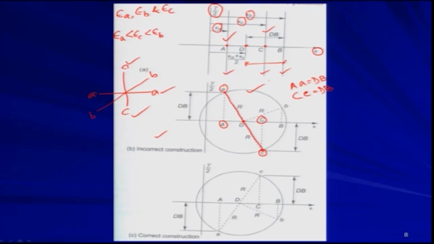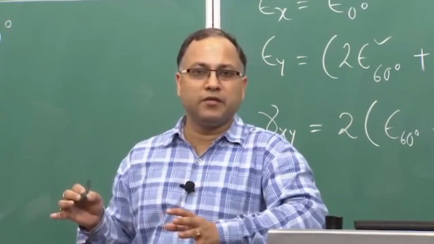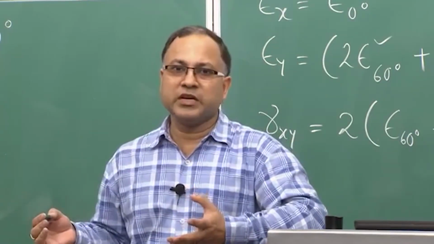Now, this Mohr circle is cutting the vertical line drawn at point B at small b point. Now, these points A, B and C are lying on the Mohr circle and they will be defining the A plane, B plane and C plane on which we can find out the strain components.